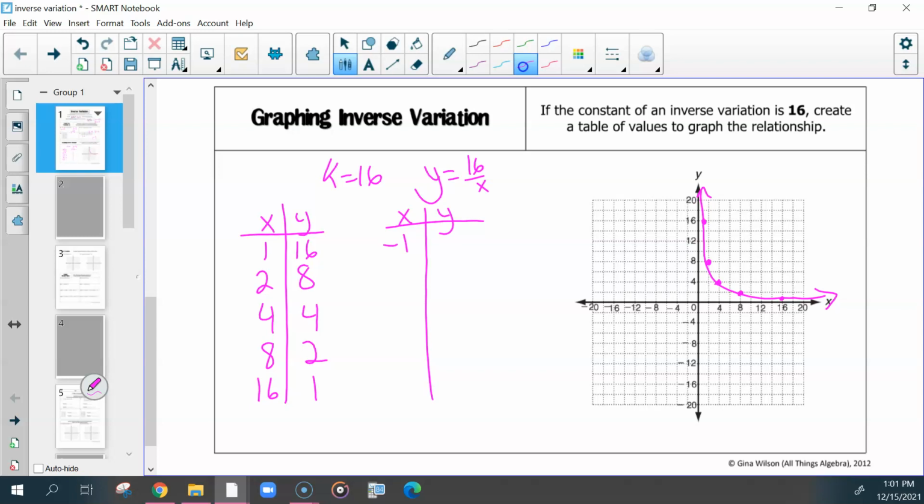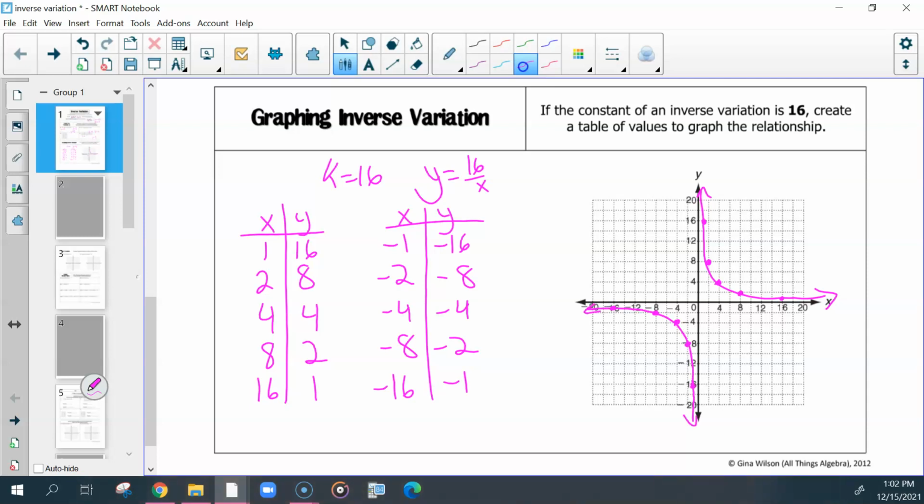So 16 divided by -1 would give me -16. -2 would give me -8 if I put that in. -4 will give me -4. -8 would give me -2. And then -16 would give me -1. So then that one would look something like this.